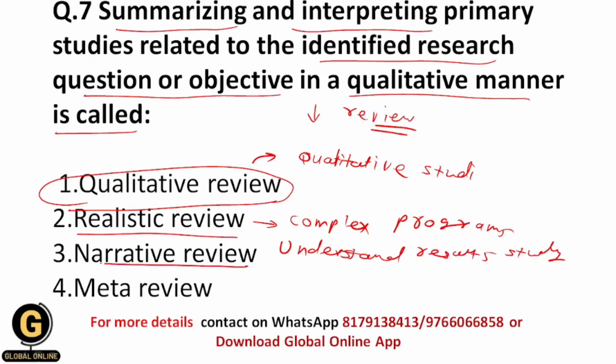Third is narrative review. Narrative review is concerned with the research question. So based on the research question, it summarizes and interpret studies, and it is most helpful for us to conduct critical and objective analysis of current knowledge. So this is the narrative review.